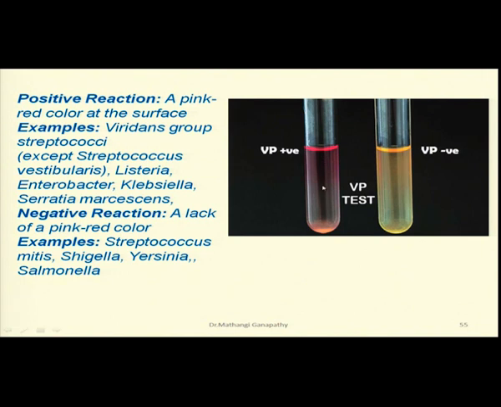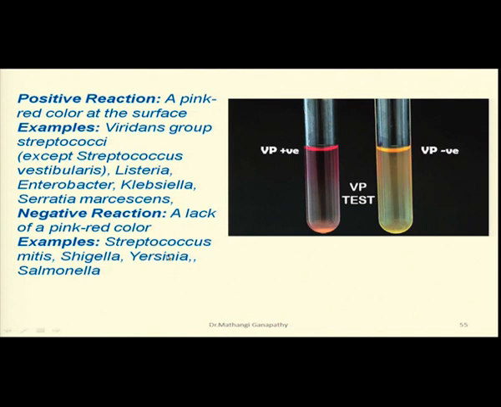So, this tube is VP positive, you see a pinkish red hue here, the yellowish broth shows VP negative. If a pink color develops at the top, for example, streptococci of the viridans group, Listeria, Klebsiella, all these are VP positive. If there is no pink color development, it is VP negative.